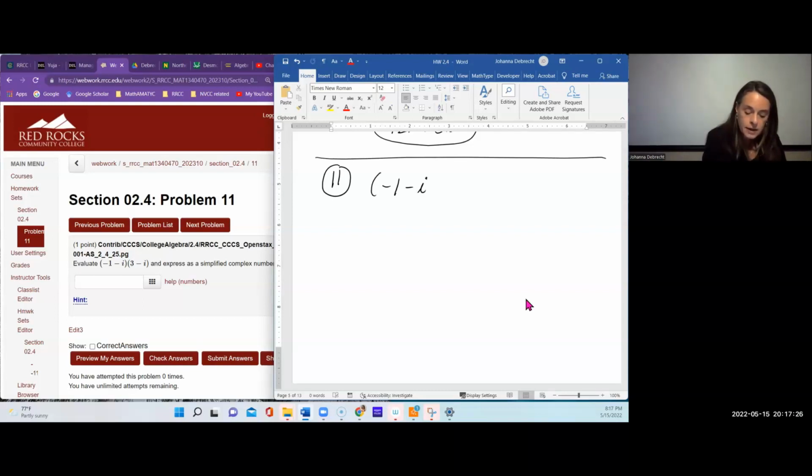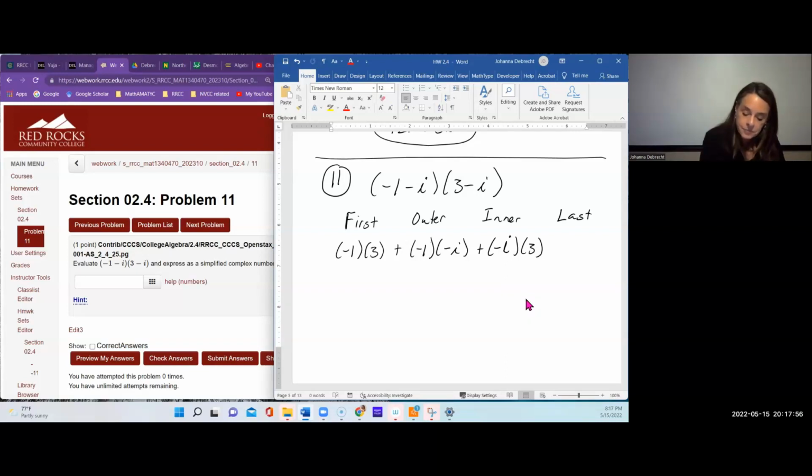We have -1 minus I times 3 minus I. We can use FOIL, which stands for first multiplying the -1 times the 3 plus the outer, which is -1 times the -I, and the inner, which is the -I times the 3, and the last, which is -I times -I.